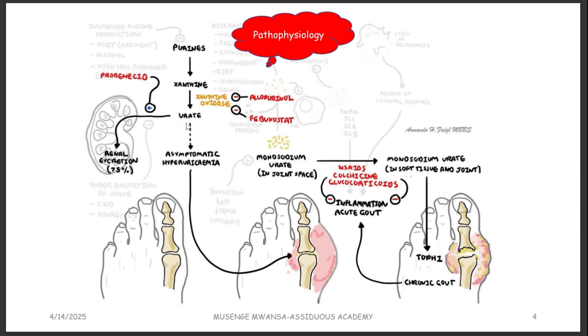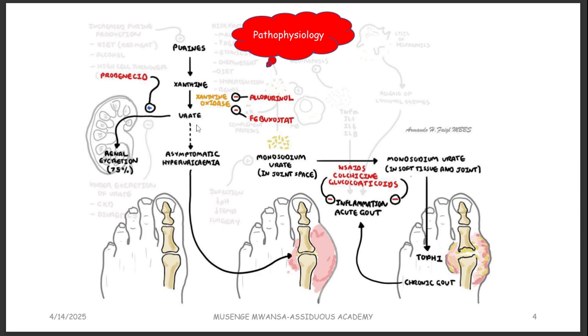And then when you already have the urate, because urate is removed from the body via the kidney, and since it's a lot in the body, you want to remove a lot of it. So you can give the drug probenecid. It will promote the excretion of urate. So that is what happens.